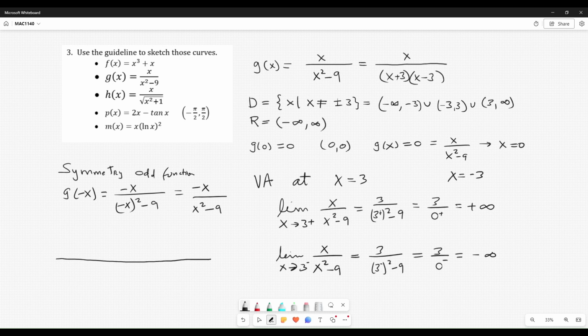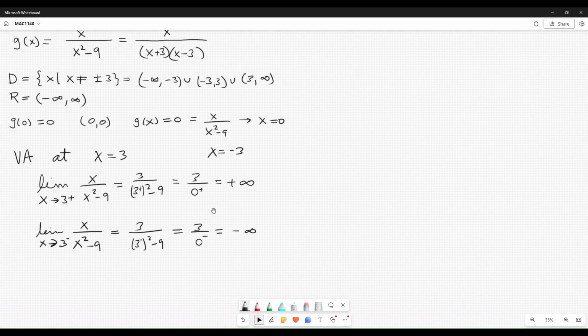Okay, so the idea is clear. At positive 3, we have a vertical asymptote, and the behavior looks like that. I'm using another color. It goes to positive infinity and it goes to negative infinity. Okay, let's analyze negative 3. It's similar.